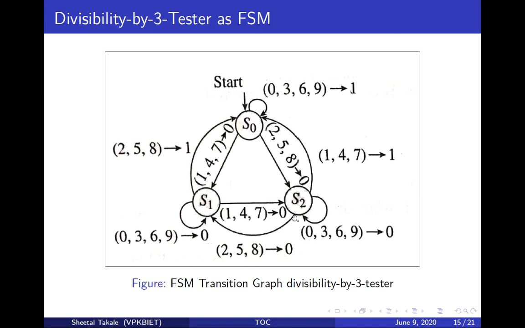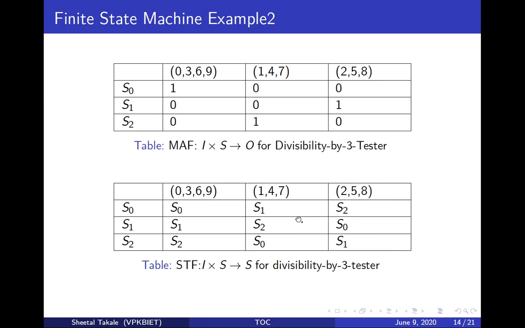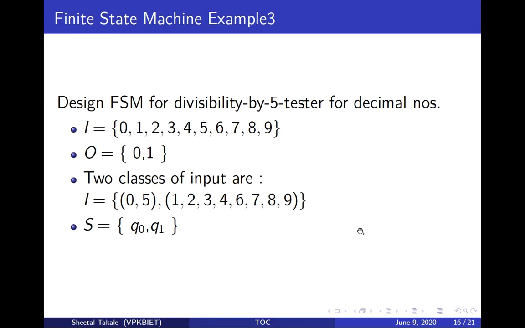The transition graph for the same is shown here. The same transitions, the MF and STF, are listed here. Then the FSM for divisibility by 5. As the input is decimal numbers, it will be from 0 to 9, and the output is either not divisible or divisible, hence 0 and 1.